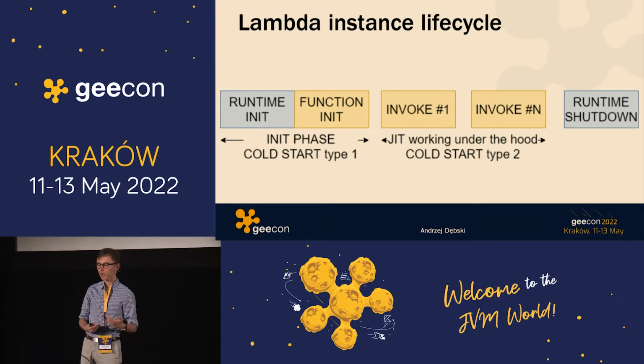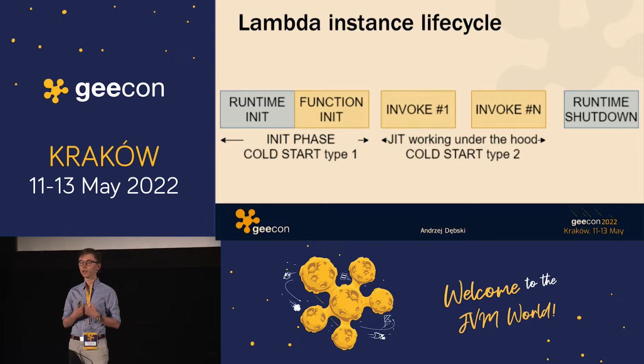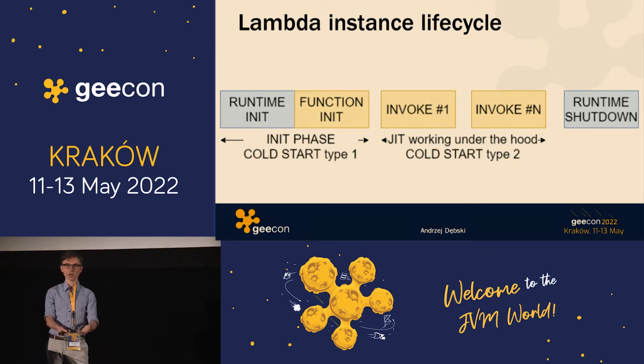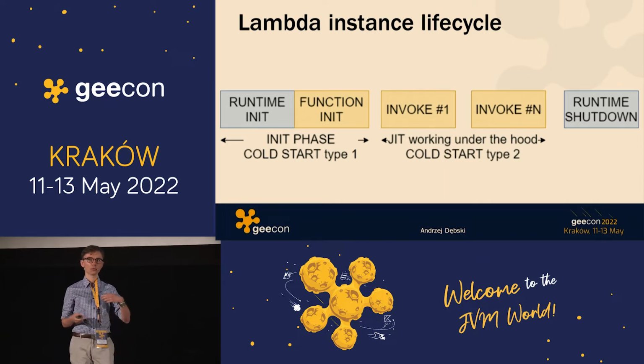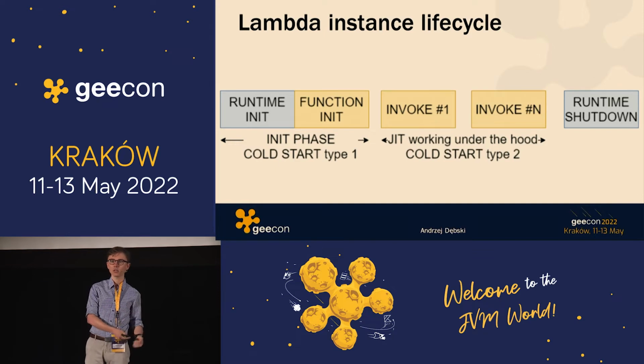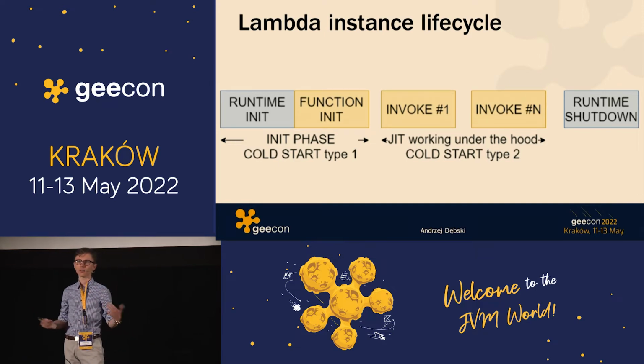Initially, Lambda needs to initialize the runtime and your function. If you're using JVM, it means that it needs to create an instance of the JVM, and then it needs to initialize your code. In practical terms, it means that your handler constructor will be called, and also things like static variables and static initializers will get initialized.